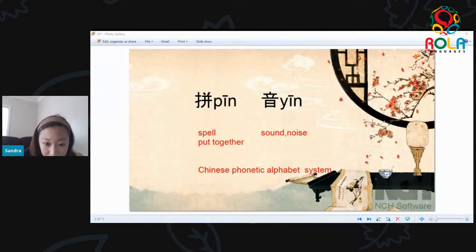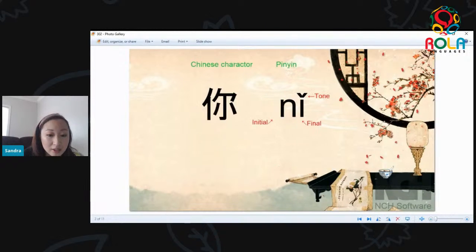All right, next up, let's look at an example. From here, you can see this is the Chinese character of ni. If you happen to watch my previous lives, you know ni is you. Right next to it, we can see the pinyin of ni. It consists of three parts. The N part is called the initial.